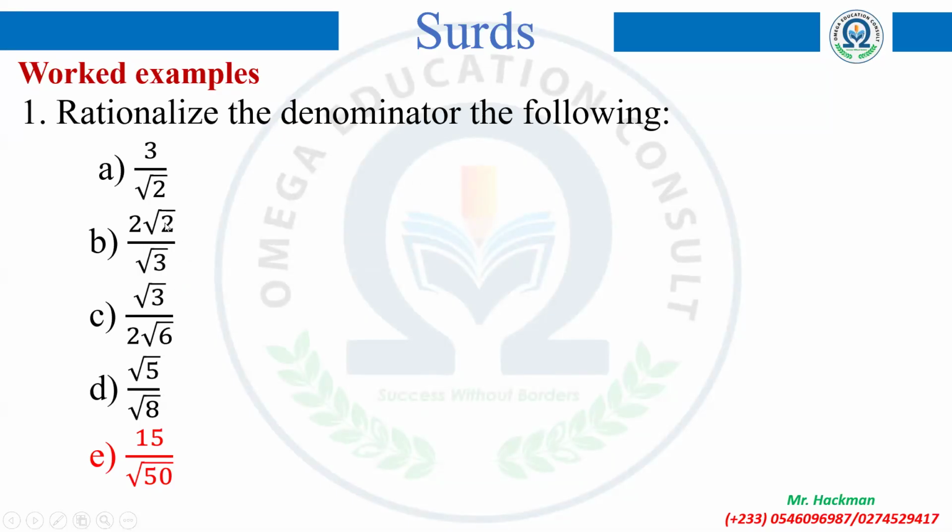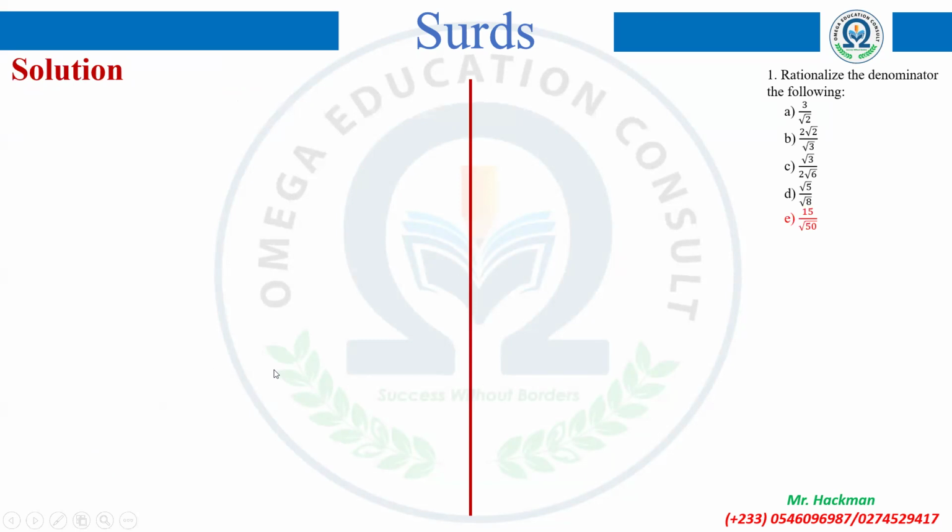And you should know that here is the denominator that we need to rationalize. That's not to say that it is only the denominator that we can rationalize. We can also rationalize the numerator. Take note, we'll do that going forward when we are doing calculus. But for now, in terms of surds, usually you rationalize the denominator. So let's go and look at how best to deal with what we have there.